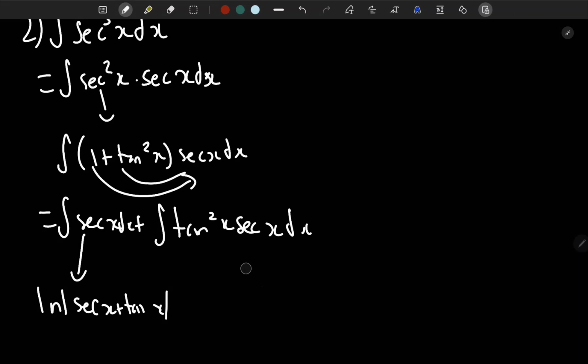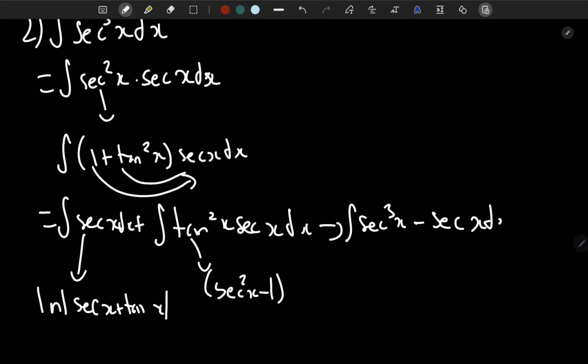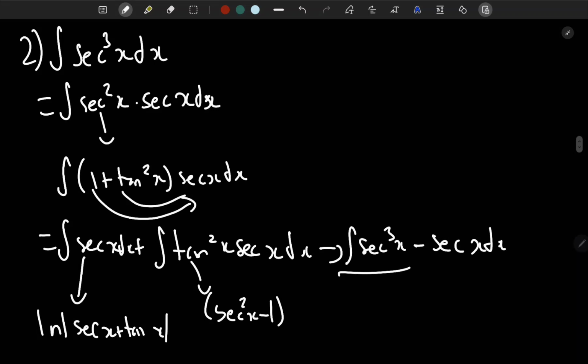What if we replace tan squared with secant squared x minus 1? This will come up to secant cube x minus secant x dx. And if you realize, we came back to the equation, right?